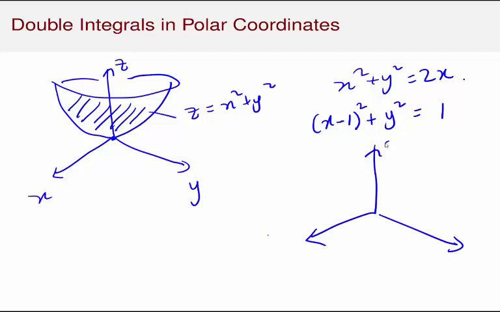So if we ignore the z-axis for the moment, we're going to have a circle of radius 1 centered at the point (1, 0) on the x-axis. Since z is missing in the equation, we have to raise the circle vertically upwards and downwards to form the cylinder.